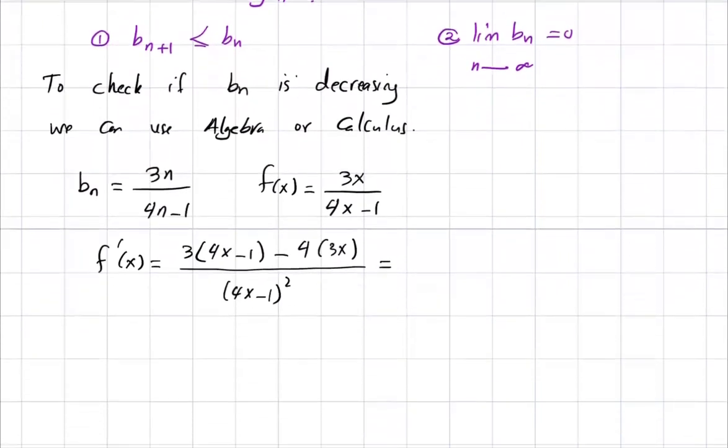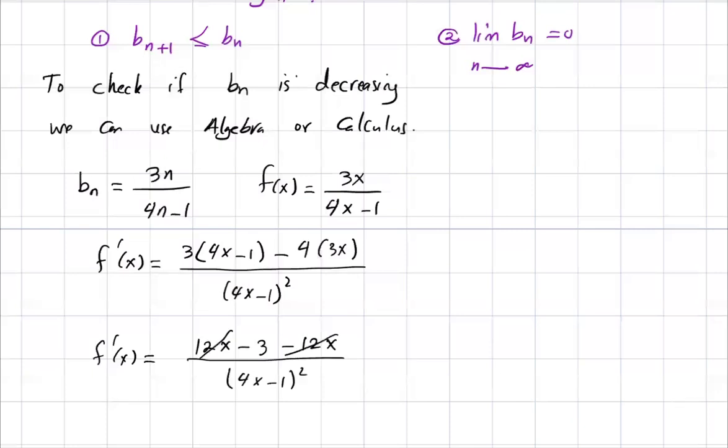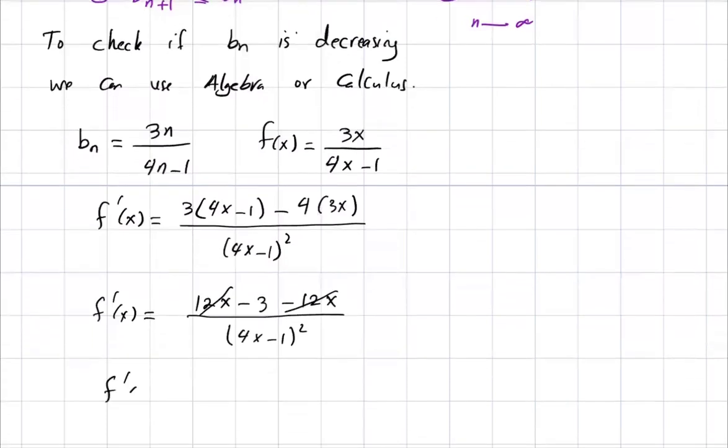F prime is equal to 12x minus 3 minus 12x, and then you have 4x minus 1 to the second power.